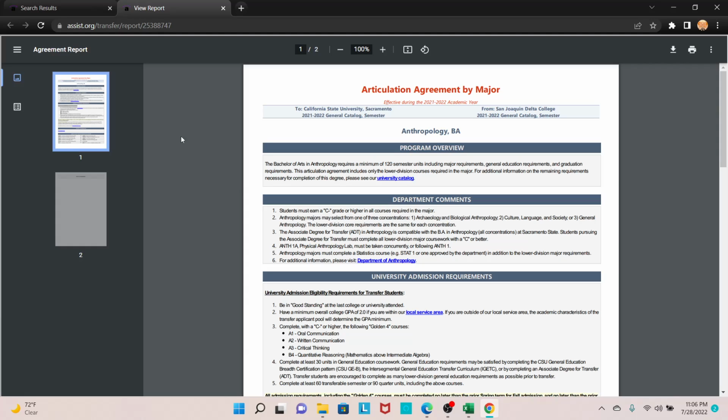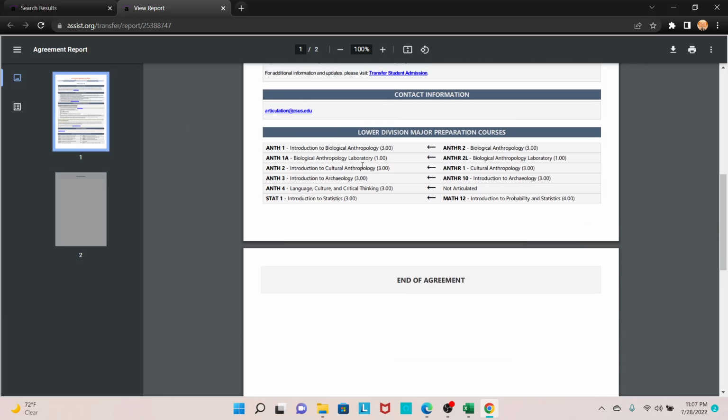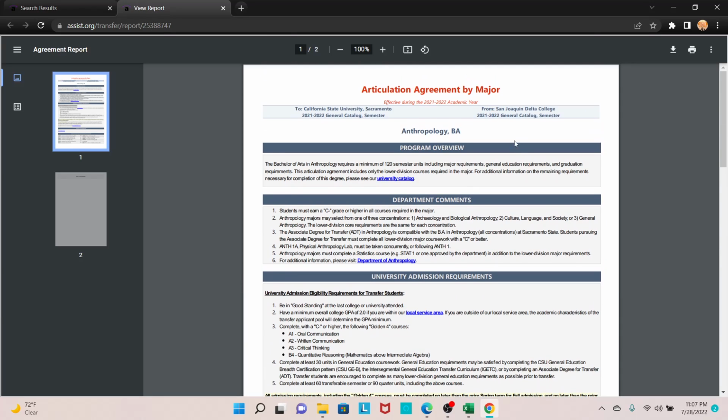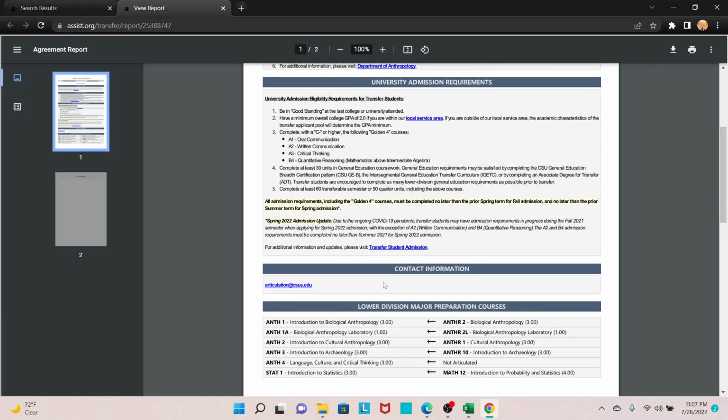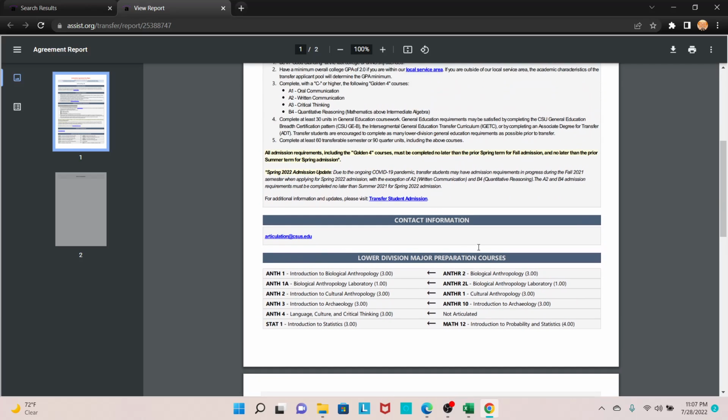One thing to notice before continuing: the "to" side is going to pertain to all of the data on the left, and the "from" side is going to pertain to everything on the right. So to read the course equivalency, everything from Anthro 2 down is going to be the Delta classes, and this side is going to be the Sacramento State classes.